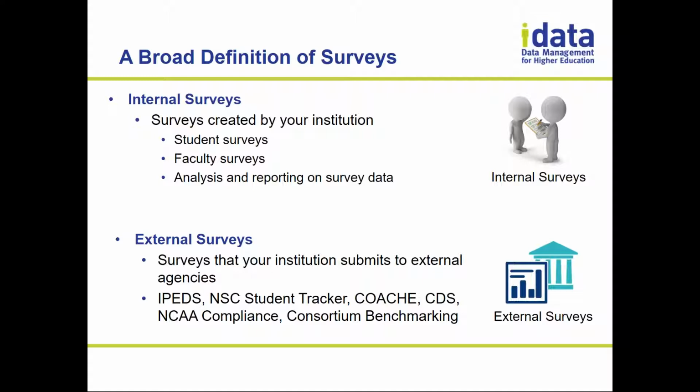There is a definitional question you could raise: is that a survey, or is that a data feed or an integration? But things like IPEDS, they call these surveys, right? So this is what we're calling external surveys, and we use this little logo to talk about that.